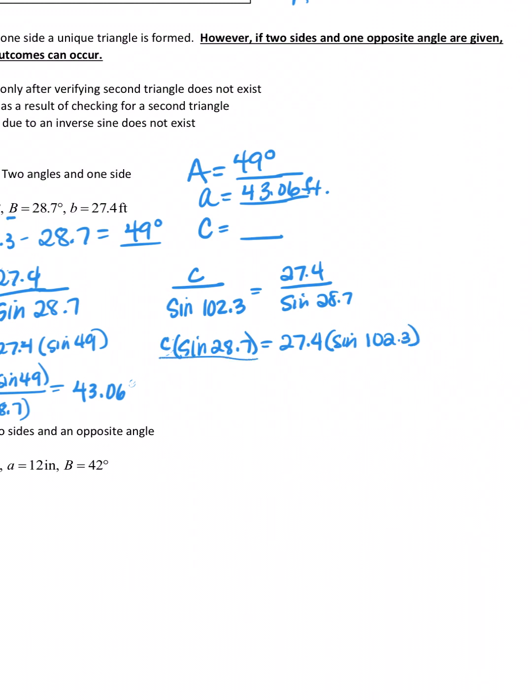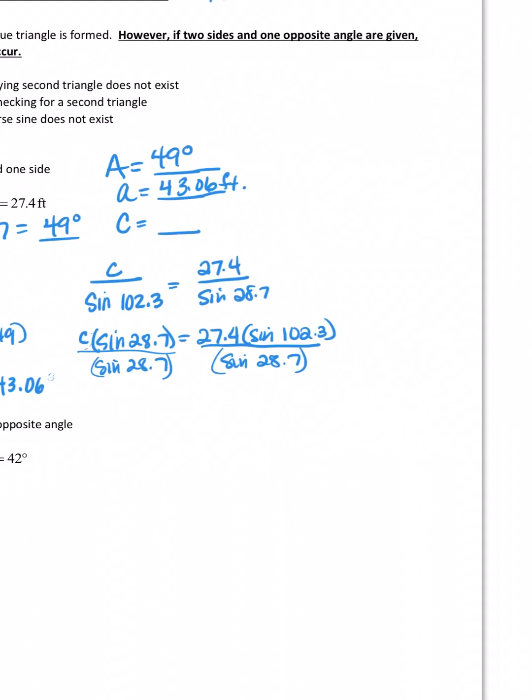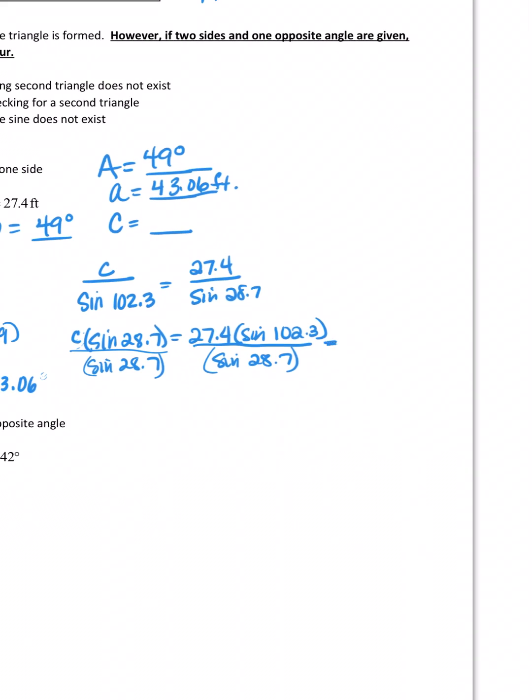Then I need to divide both sides by the sine of 28.7. And when I get that, it comes out to 55.75. All right, and that would be feet, so 55.75 feet. Now that I found the missing parts of my triangle, I know I'm finished.